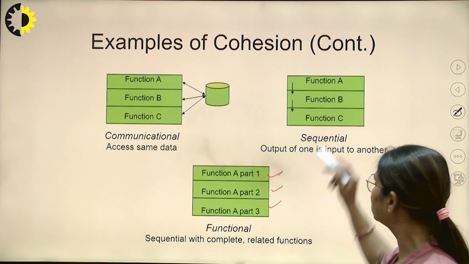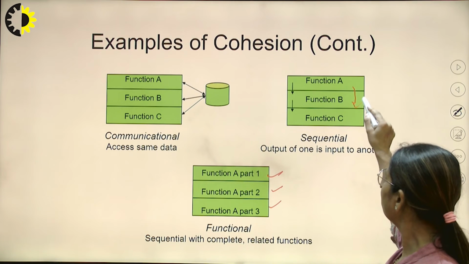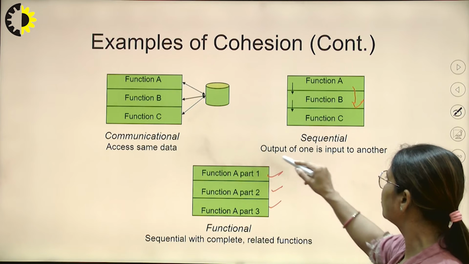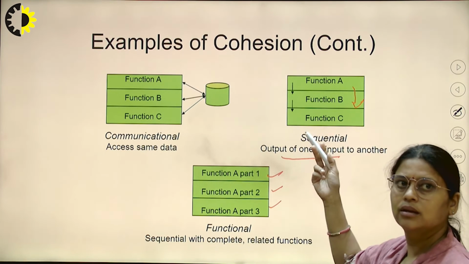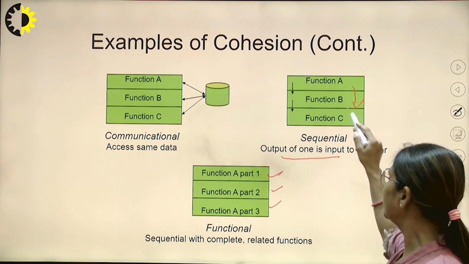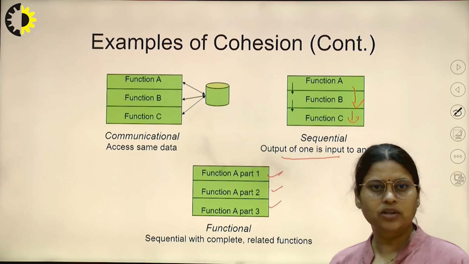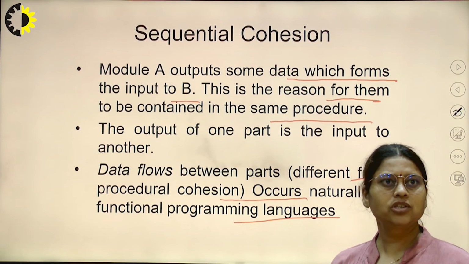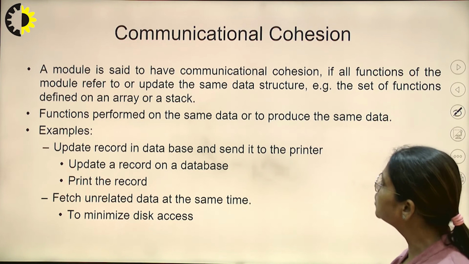This is sequential. Function B is executed, the output of one is the input to another. The output of B becomes the input for function C. So this is sequential. Now communicational cohesion.